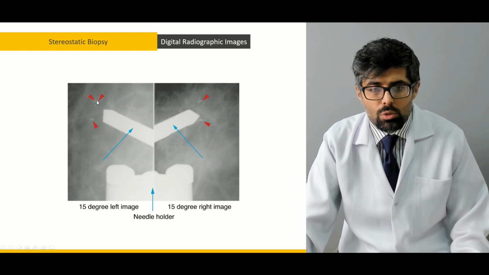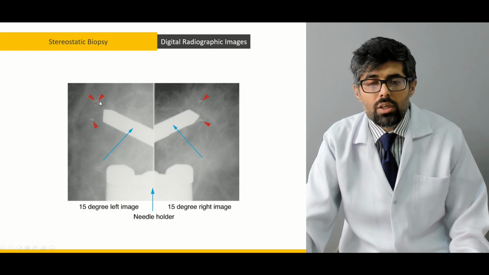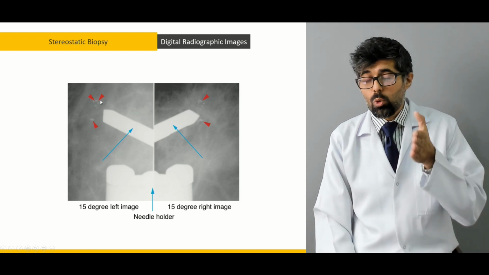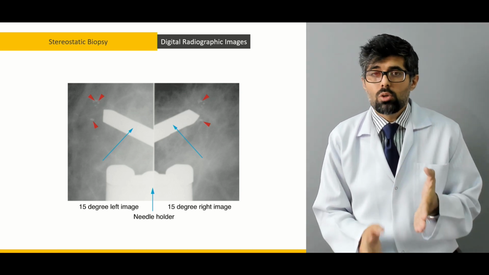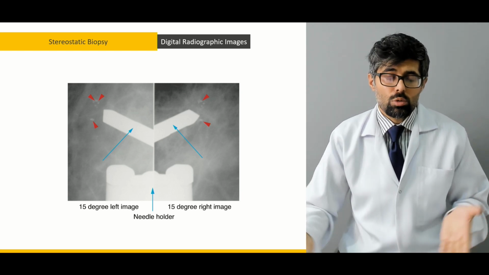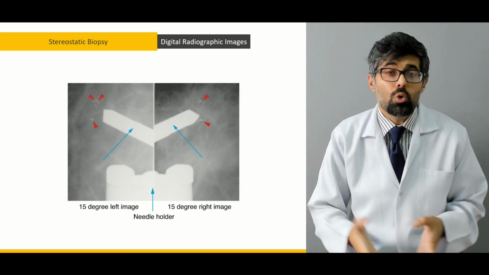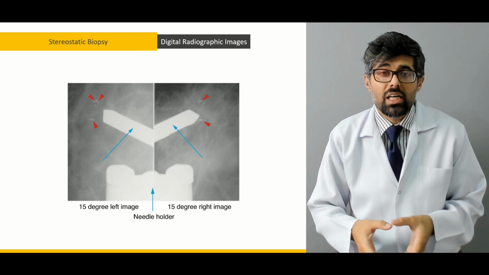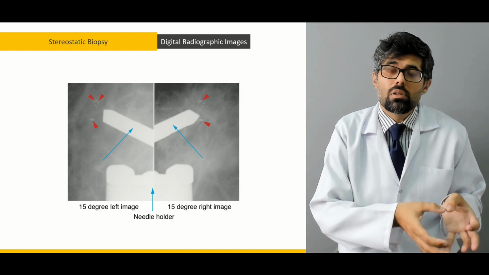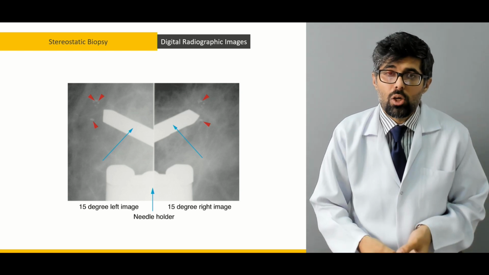Now, in order to get to this small mass, one requires very good guidance. So guidance from only one axis is not ideal for small masses and calcification. If the guidance is from two axes, the biopsy is more accurate, it is more precise, and there's more chance that the tissue that we want is taken in that biopsy.